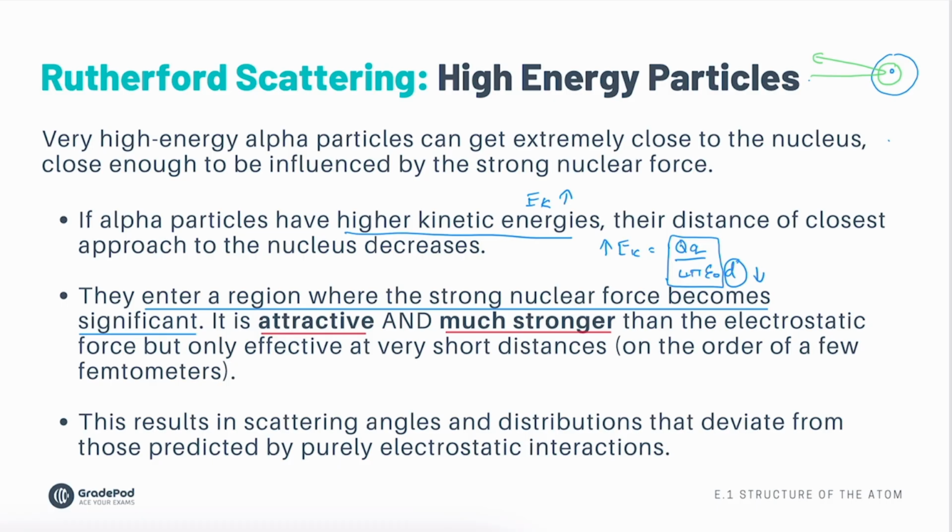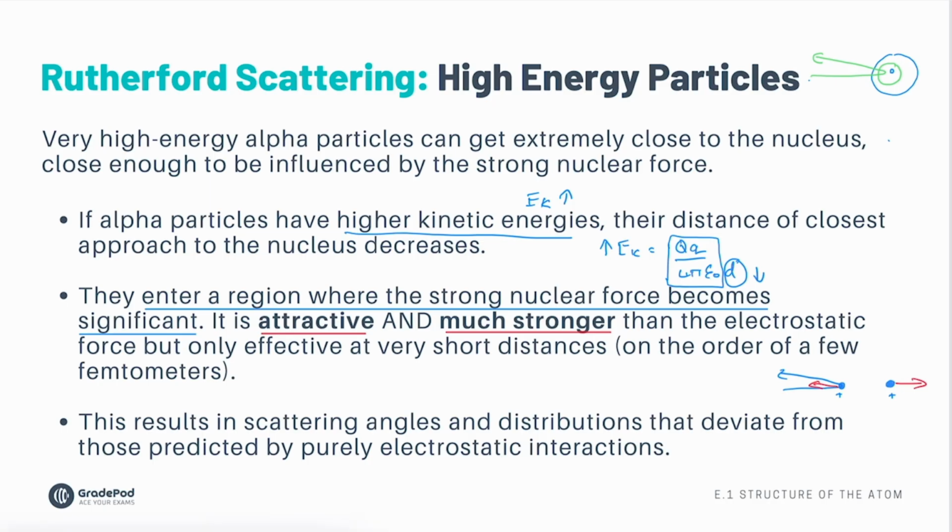We have the nucleus, and it is positively charged. We have our alpha particle heading towards it, and it's rebounded because it's also positively charged. These forces repel each other.